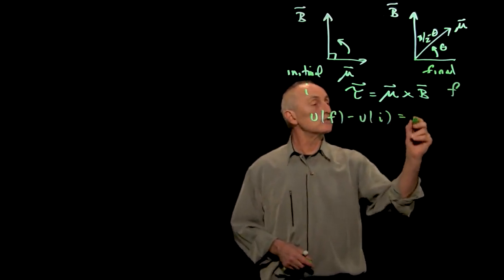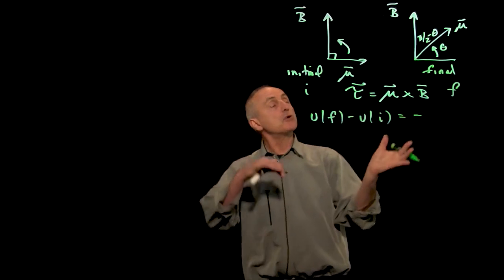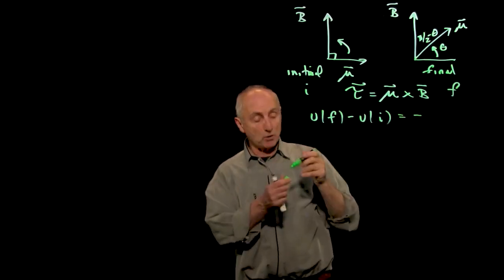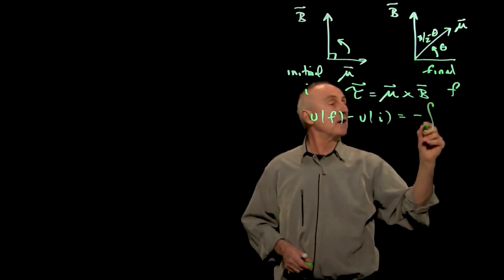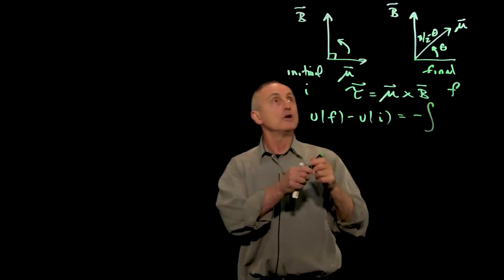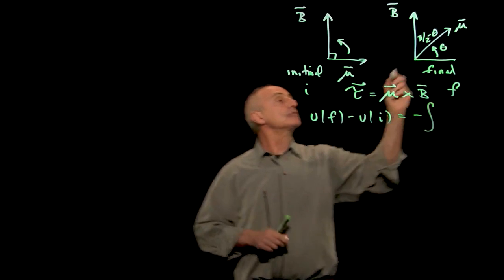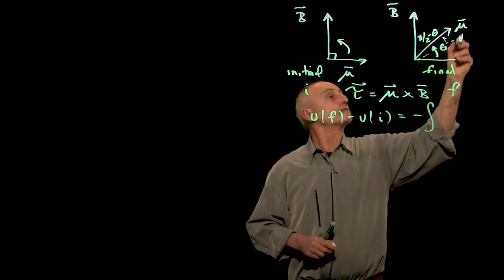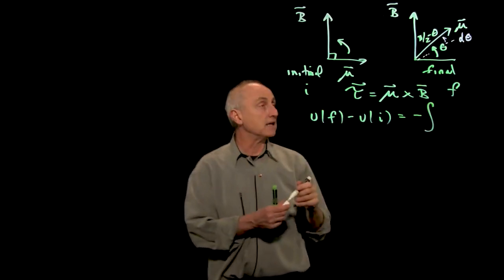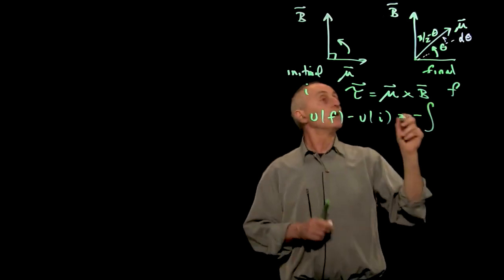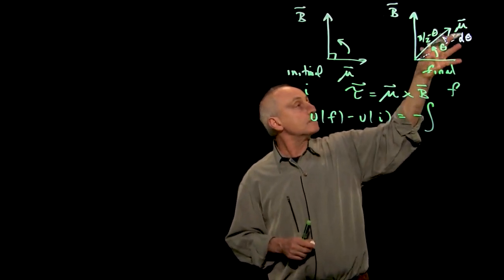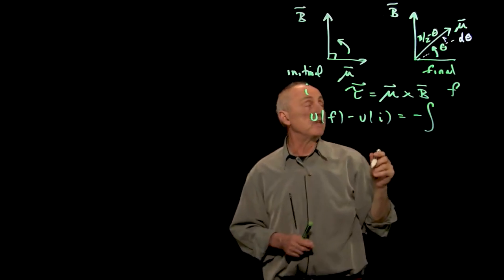And what we want to do is define that as the rotational amount of torque that this dipole undergoes. You could think of it a little bit like this: suppose the dipole rotates an angle d theta, then we're going to calculate how much torque is applied to the dipole as it rotates through an angle theta.